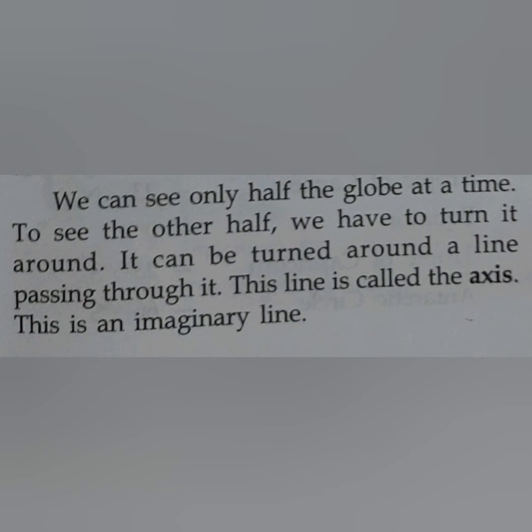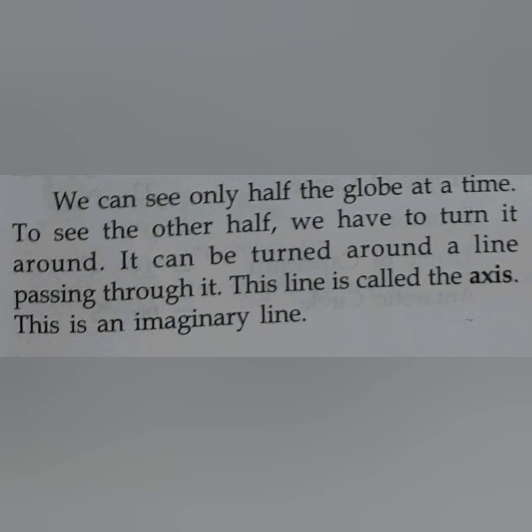It can be turned around a line passing through it. Students, this line is called the axis. It is an imaginary line. This line is not available on the Earth. Actually, this line is available only on the globe. You can see this line only on the globe.